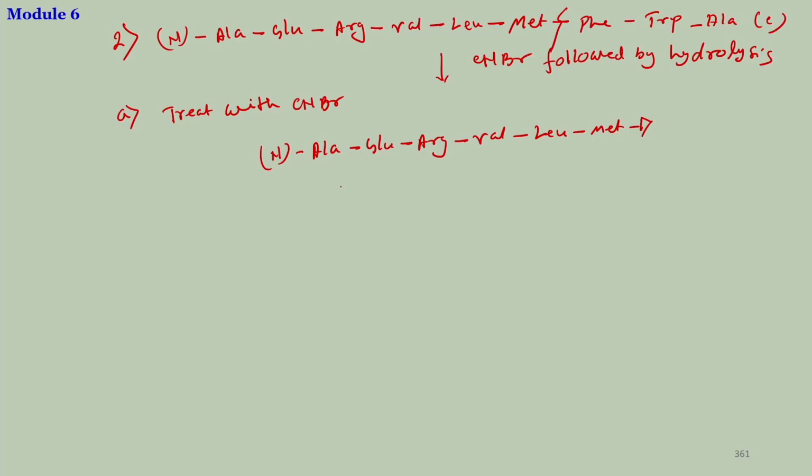So, it is methionine plus it will expose the amine of the next amino acid, which is phenylalanine, tryptophan, alanine, and that is your C terminal. So, these are the two fragments that you will obtain.